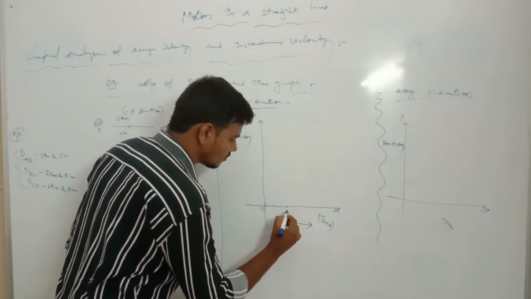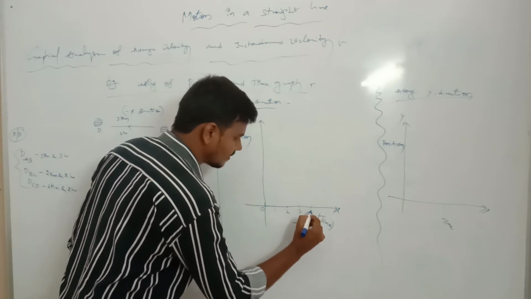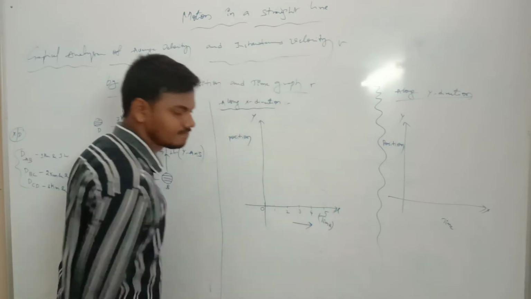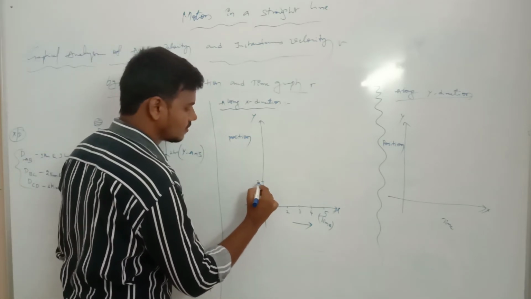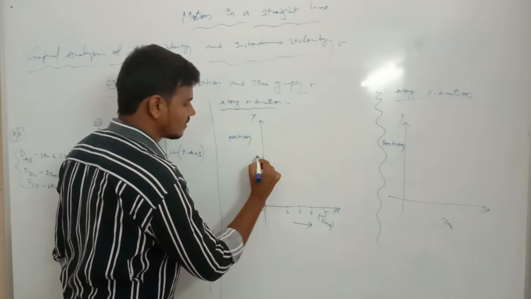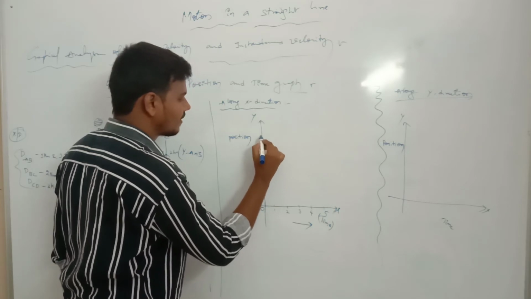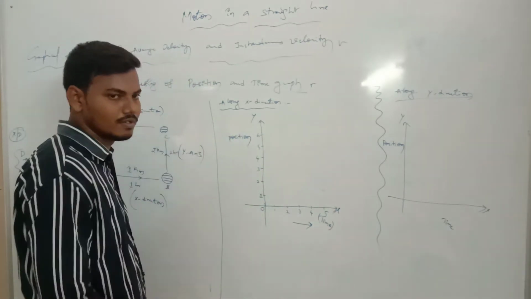This is 1, 2, 3, 4, 5. Okay. Now this one also, 1, 2, 3, 4, 5, 6, for example. Same one.